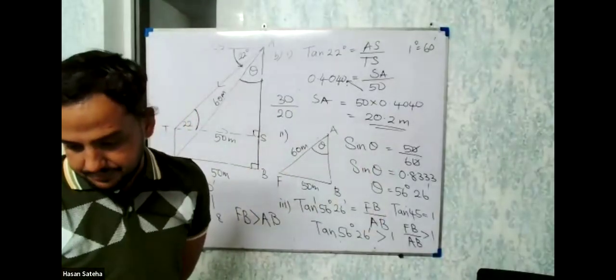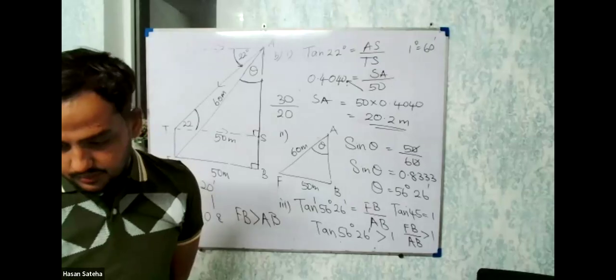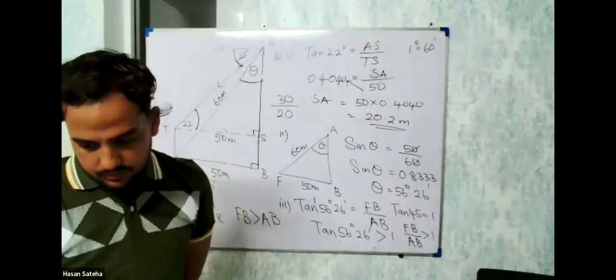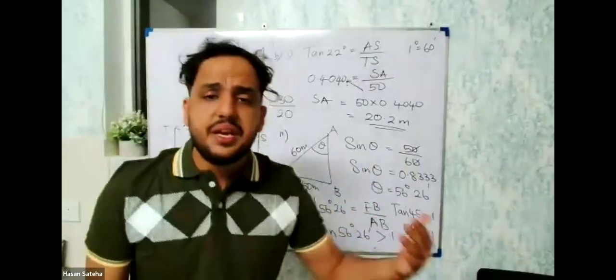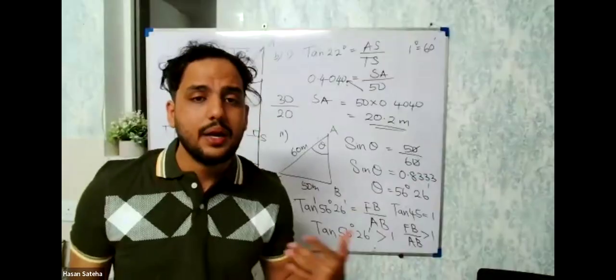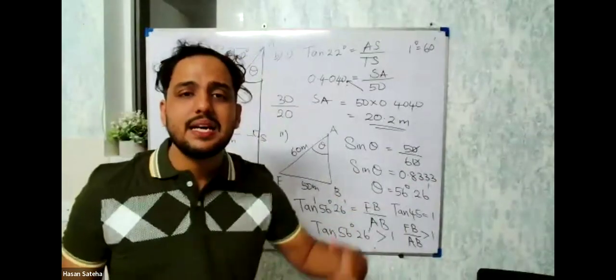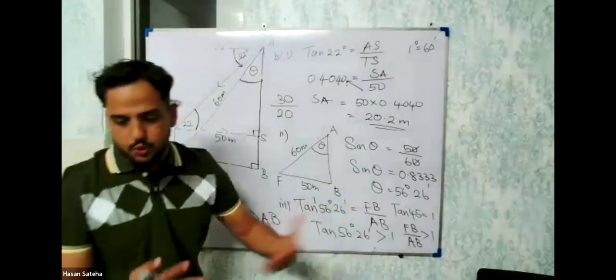Is that clear? We can say the other way around also: if the fraction value is less than 1, then the denominator will be greater than the numerator. It goes both ways.